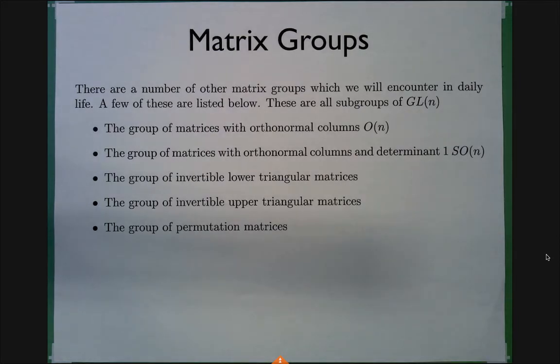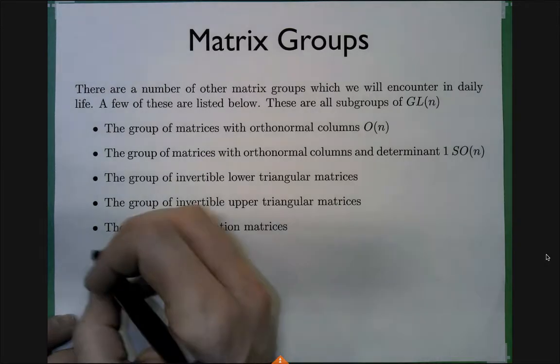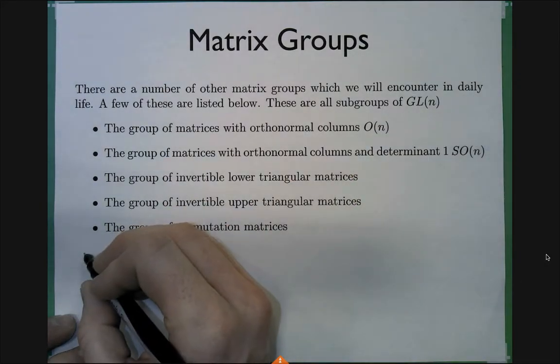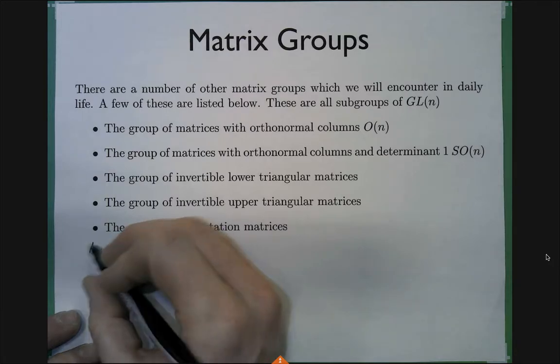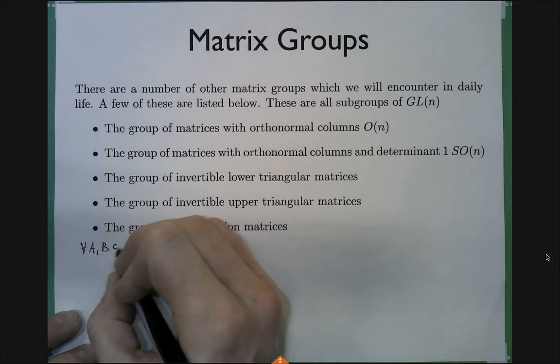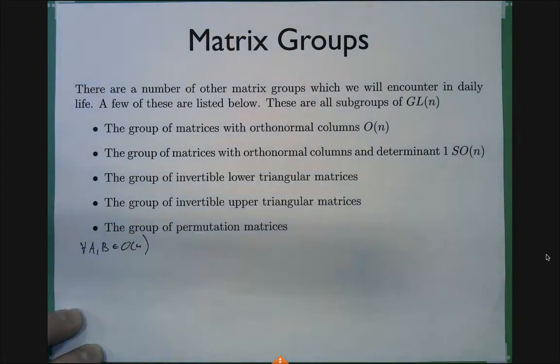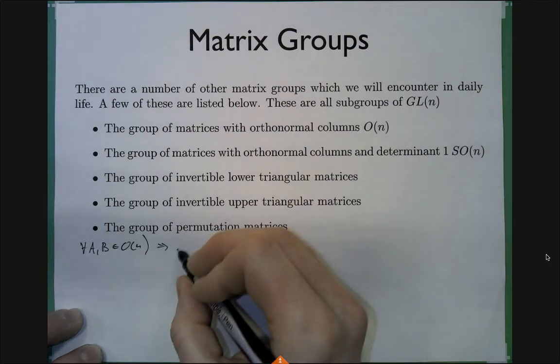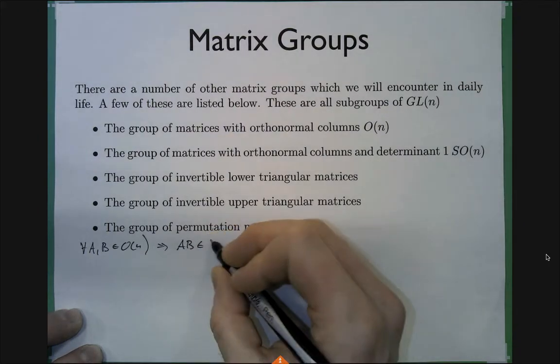Okay. So how do we convince ourselves that that is indeed the case? Let's see. Well, so I need to show that for every A and B from ON, A times B will be also orthonormal, right?